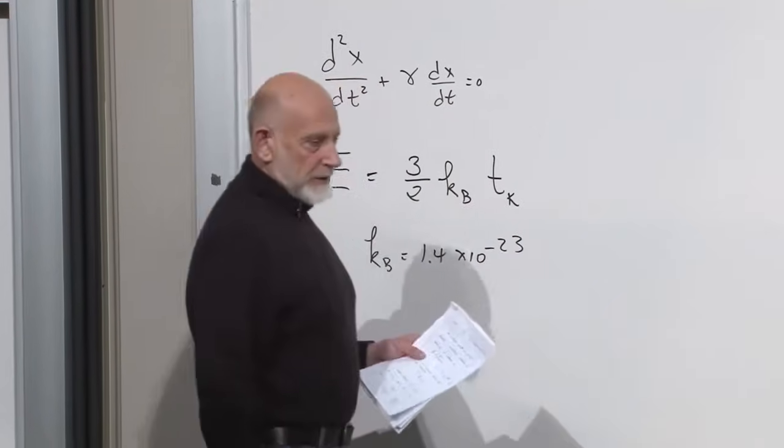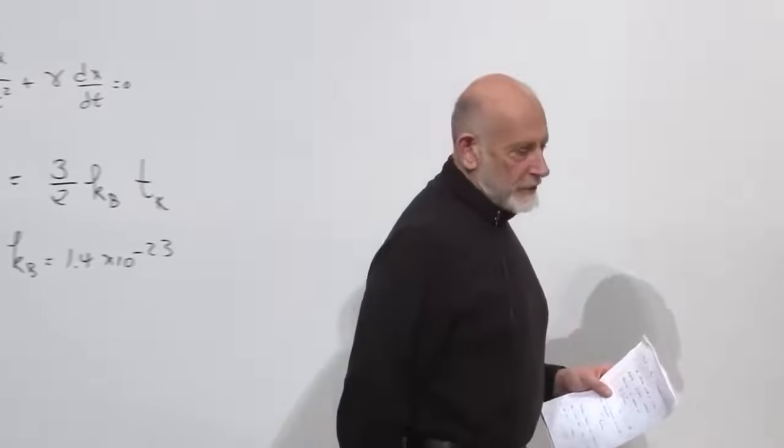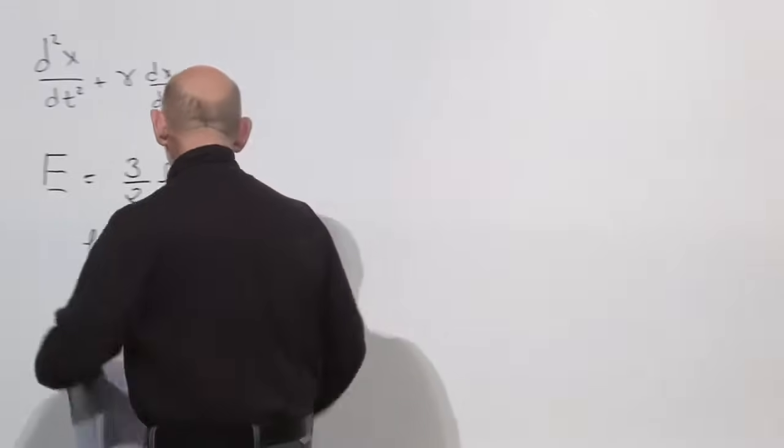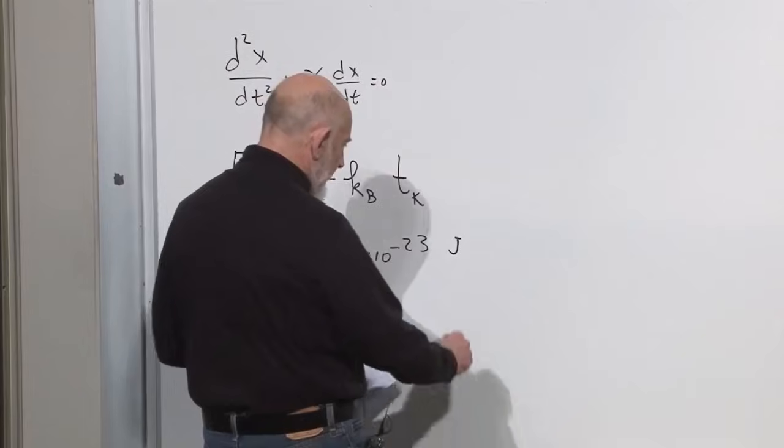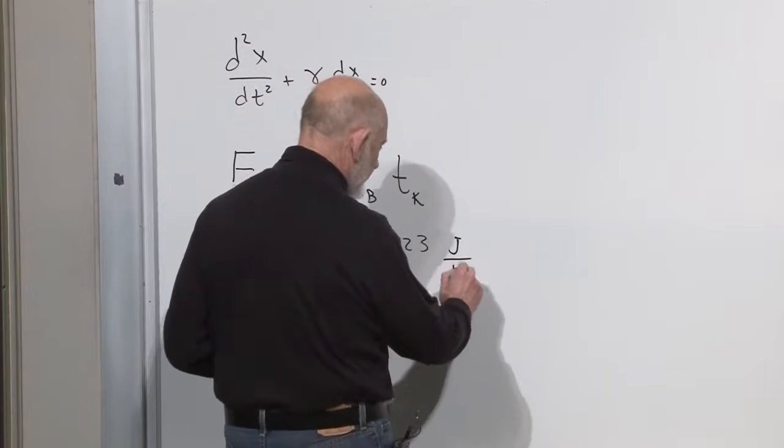It's no accident that Avogadro's number is also roughly 10 to the 23rd. And the units are joules divided by degrees Kelvin.